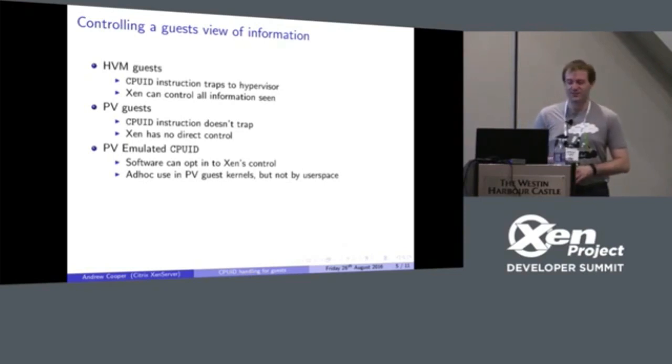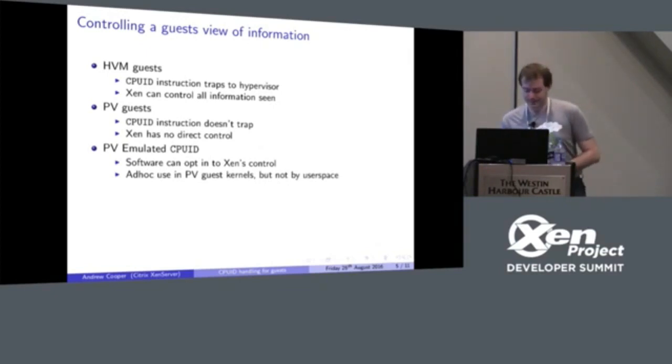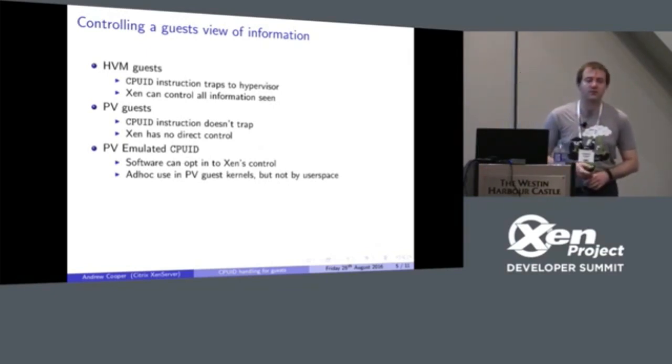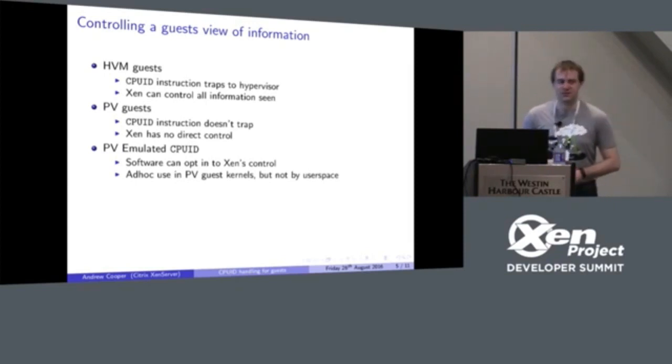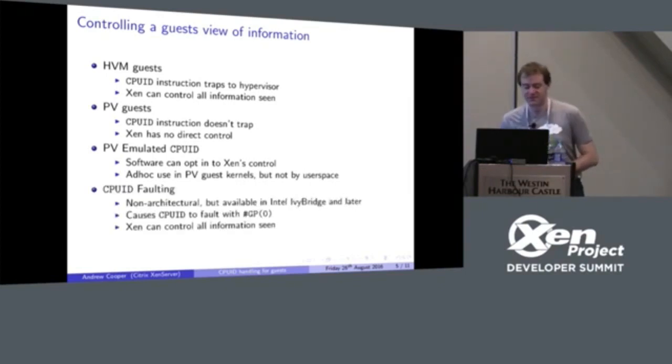It gets intermittent use in PV kernels, so the Xen-specific subsystems of Linux, for example, tend to use this, but all the generic systems don't. And it's basically not used by user space at all. Well, there's one bit of user space, the xen-detect utility, but that's not exactly representative.